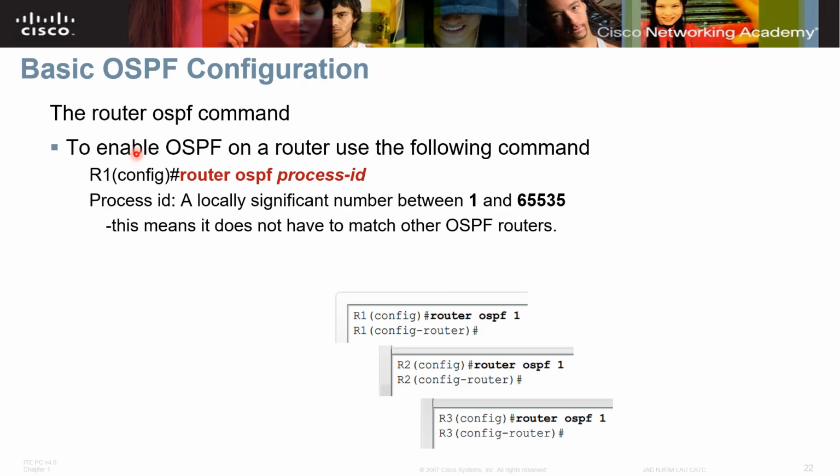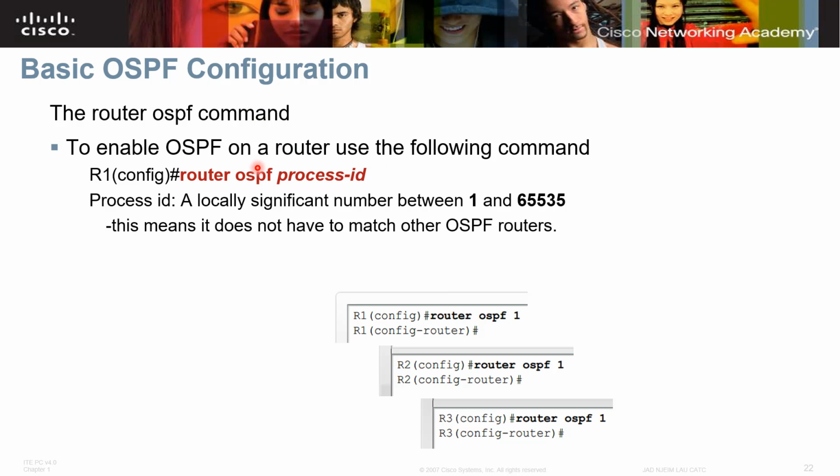How to run open shortest path first: we use the command router ospf and specify a process ID, and this process ID is a local ID just to identify the process that is running this protocol and which routers are using this protocol. This means it doesn't have to match the other OSPF routers, because I can run different processes of this protocol.